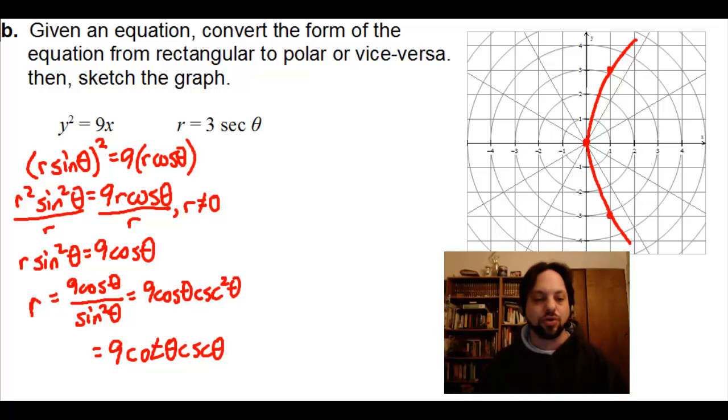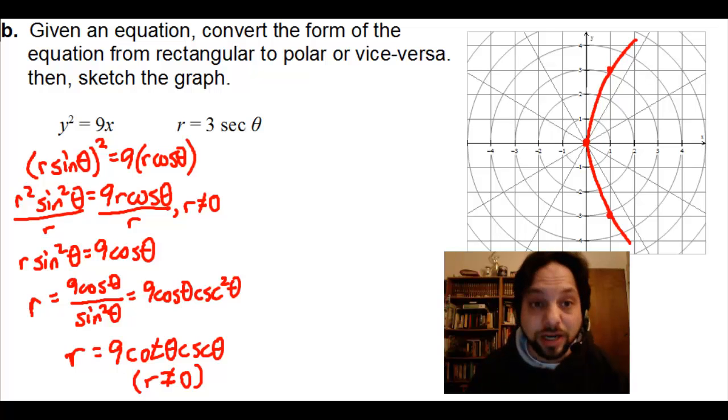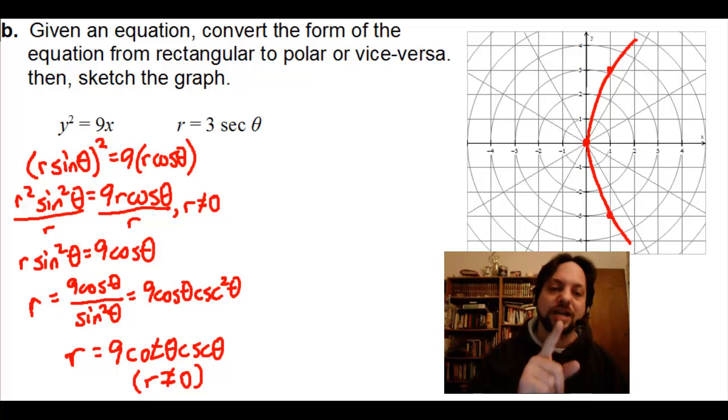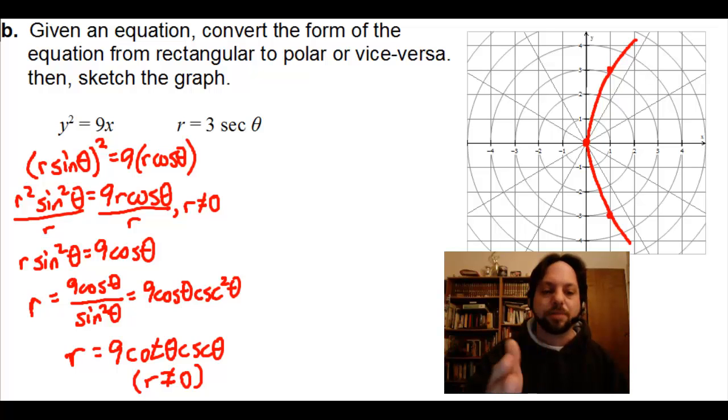So that's pretty cool. We should make one quick restriction here. Remember, we did say that r cannot be 0. And that makes a lot of sense, because if r were 0, would theta be 0? Could theta be 0? Try it. Plug 0 in for theta. Do it in your head. Let's see here.